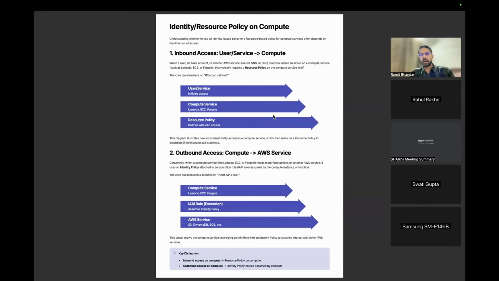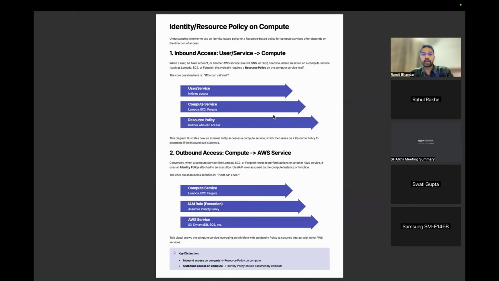So any service apart from compute is trying to access compute. Now, how will this happen? On compute, you would want an inbound access. Somebody is trying to access compute, meaning Lambda, EC2, ECS, EKS.